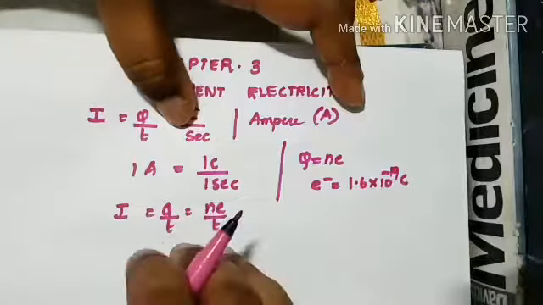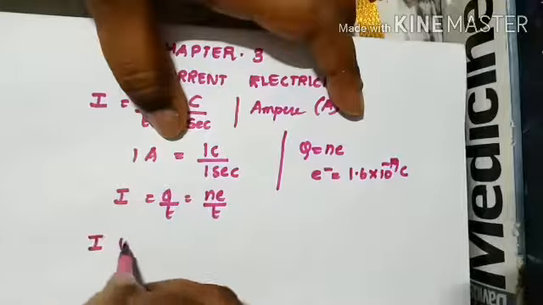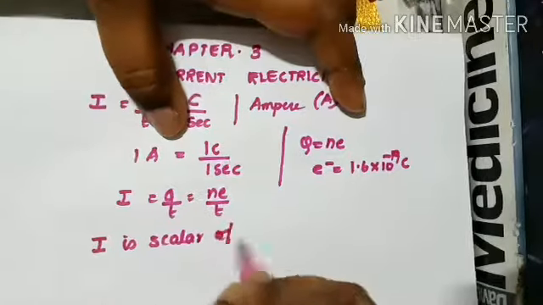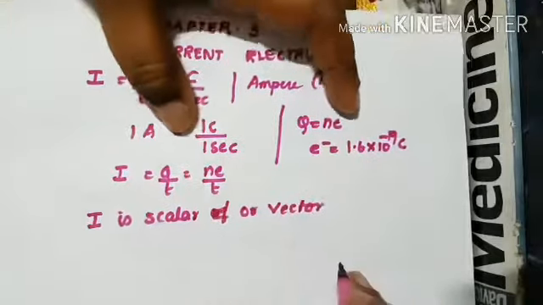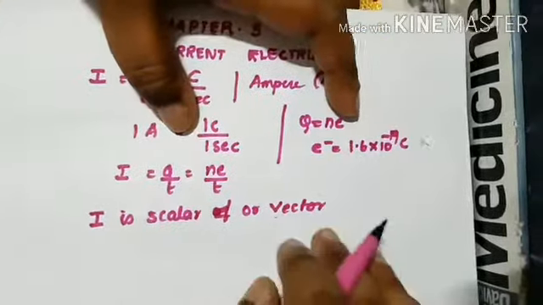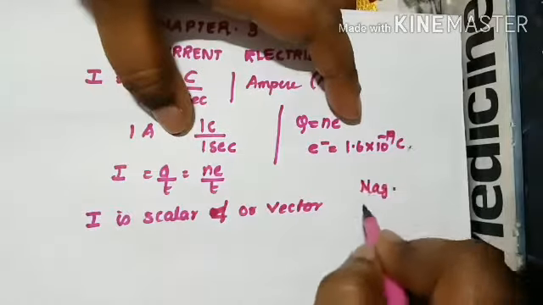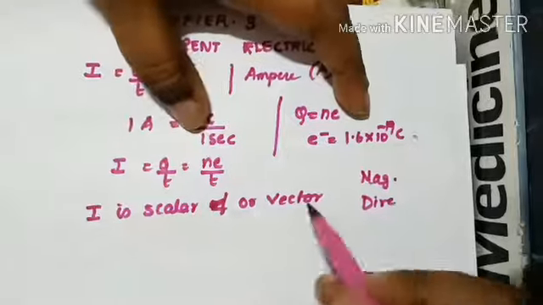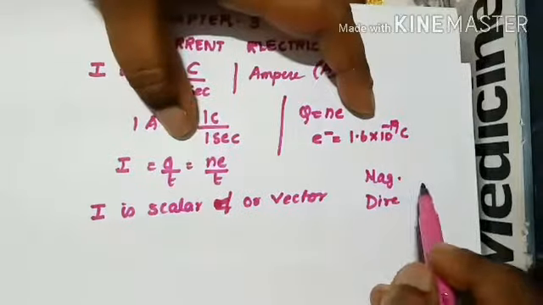Now the topic which you might not know is whether current is a scalar or a vector. Because current has both magnitude and direction, obviously you will say current is a vector quantity. No, current is a scalar quantity.